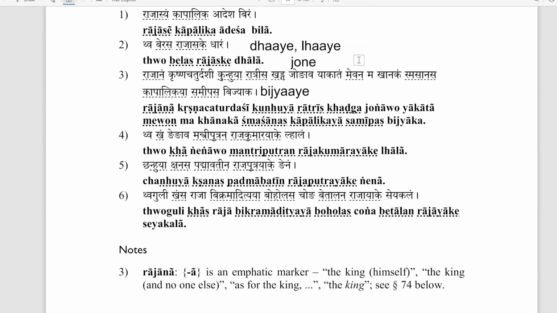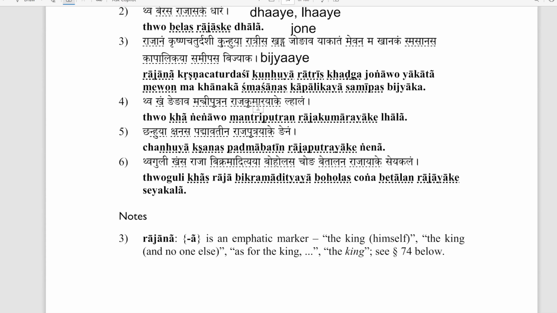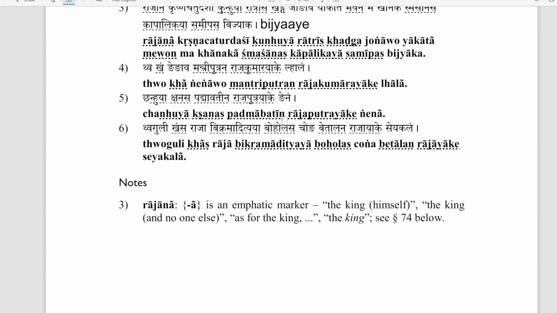And Rajkumar Yage: Yage is the locative ending for animate nouns. So to the Rajakumara. Raja is king, Kumara is prince. So he spoke to the prince. Any questions?